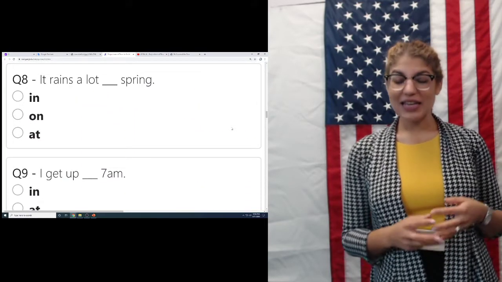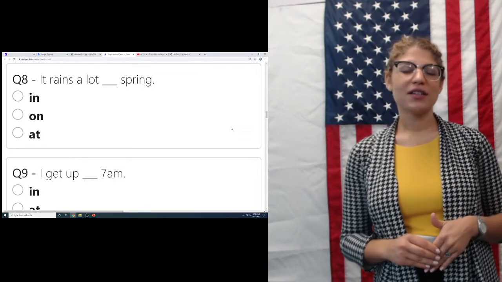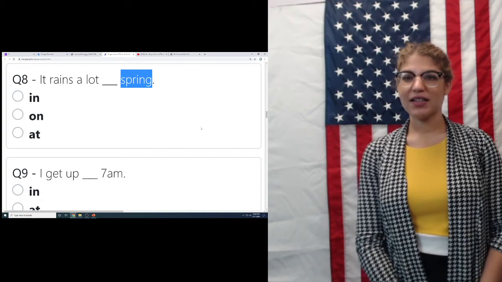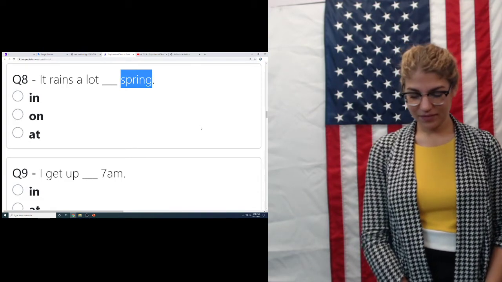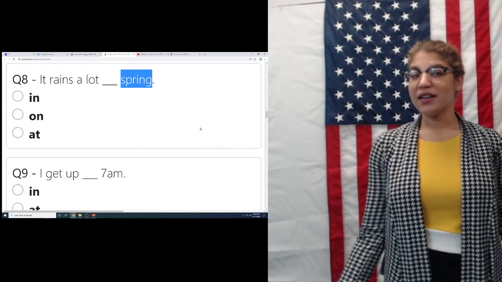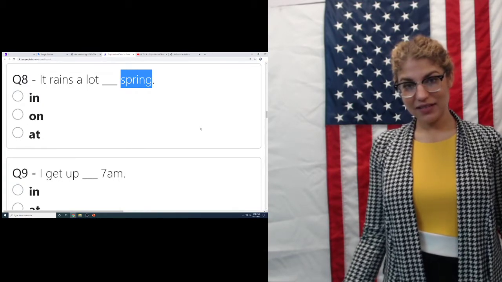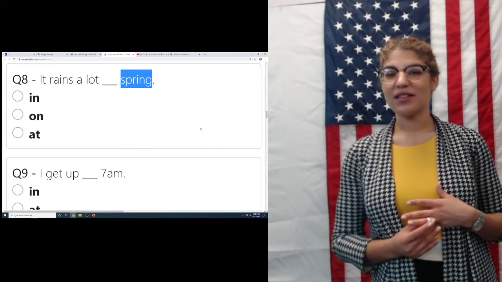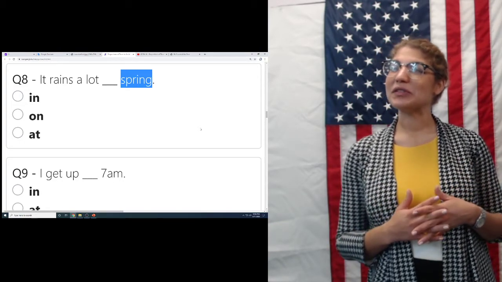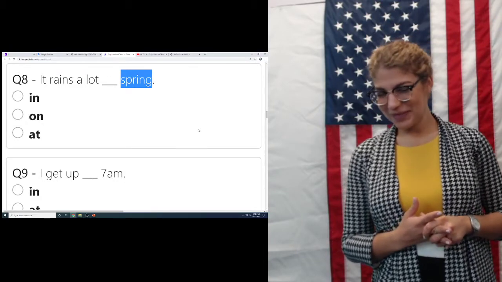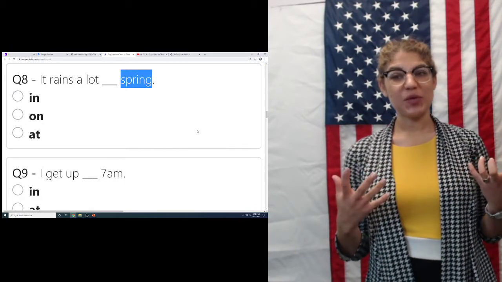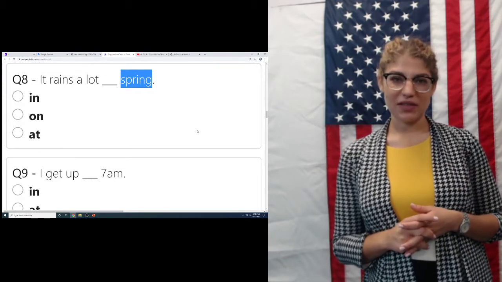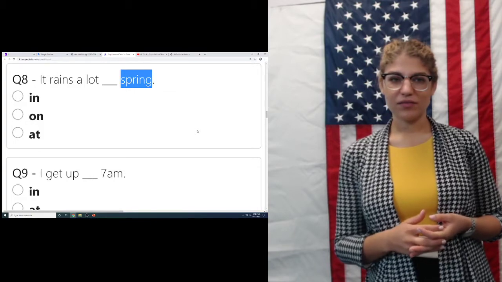Okay. It rains a lot spring. Spring is a season, a season that is beautiful and wonderful. A season is more general, it has more time, and it is not very specific. So, spring.